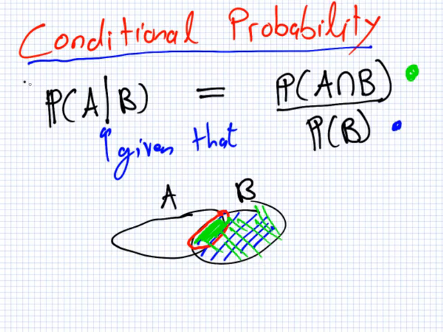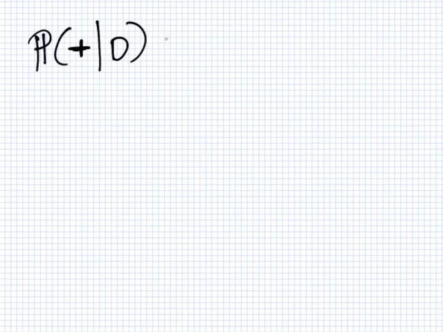Okay. Let's have a look at some examples here. Maybe we can go back to the example we did with the test, the positive, negative disease. We have a test, and the test will give you a positive result given that you have the disease. This we said was 99%.